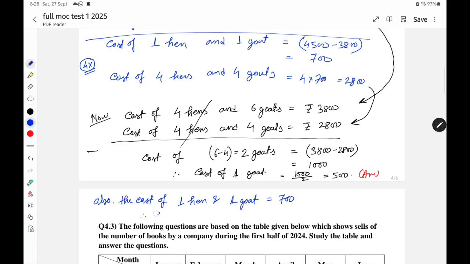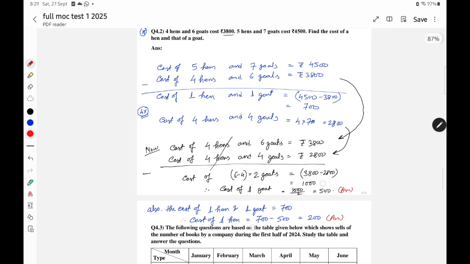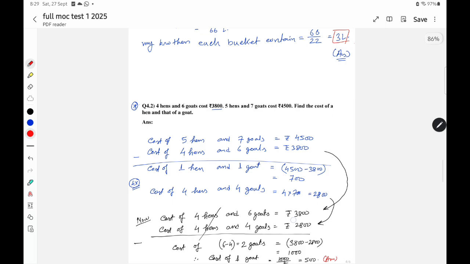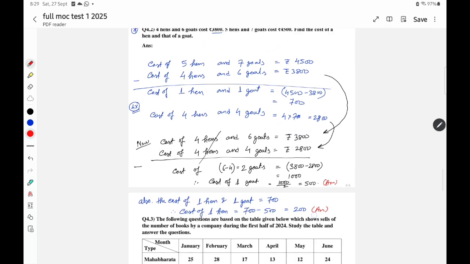So cost of 1 hen equal to 700 minus 500. So that means 200. This is another answer. Okay, this is a good question.